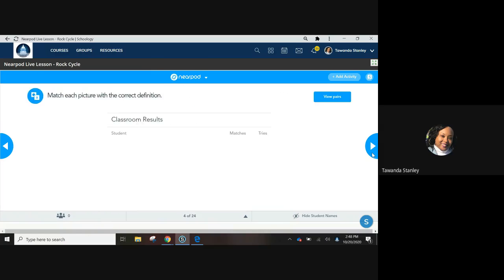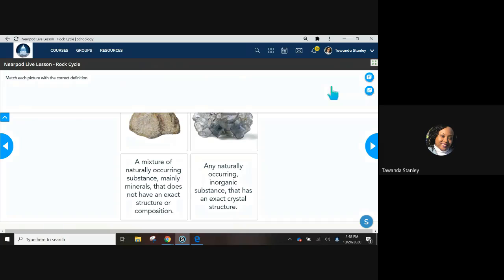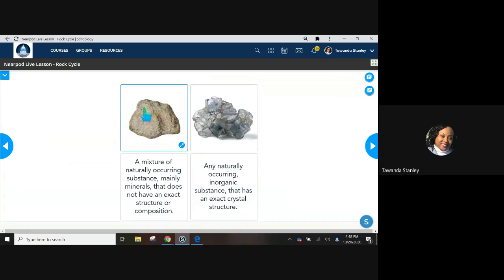In the classroom, and I'm changing this to a student view, the students had to match the picture with the correct definition. I am going to just show it to you. This is a teacher's view. Here is a picture of a rock. As you can see, it has different colors.